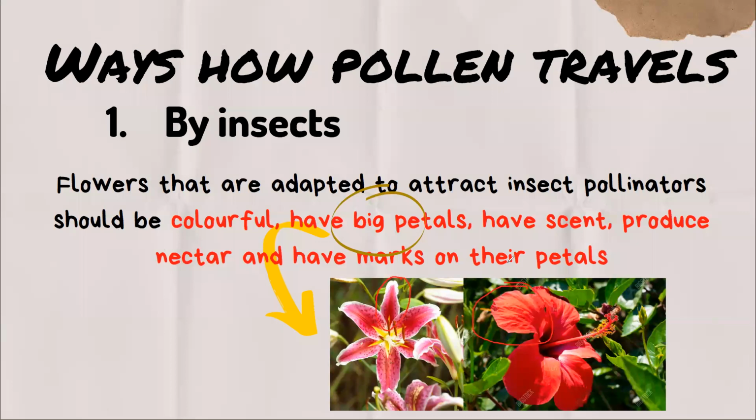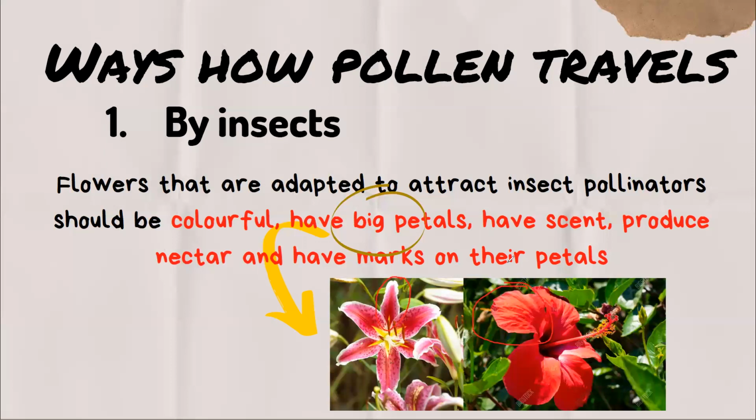Imagine if the petals are small and camouflaged with the grass and the leaves, would it stand out? Of course not. That is why big petals are very important to attract insect pollinators.